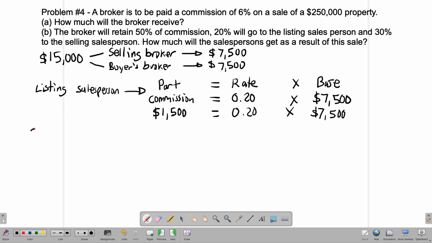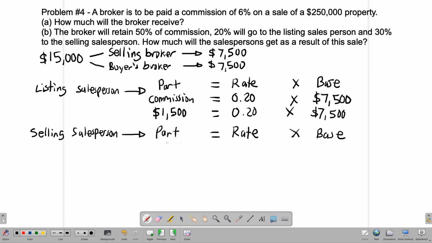Now the selling salesperson, we want to determine what the commission is there. Once again, we will apply the same equation. Part equals rate times base. Once again, the part is going to represent the commission.